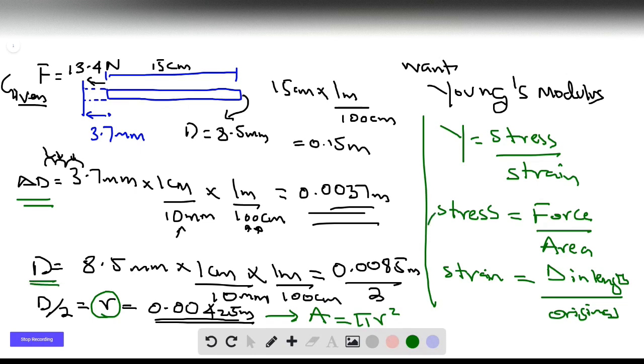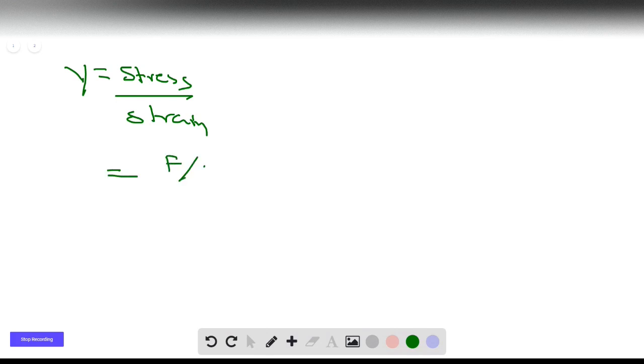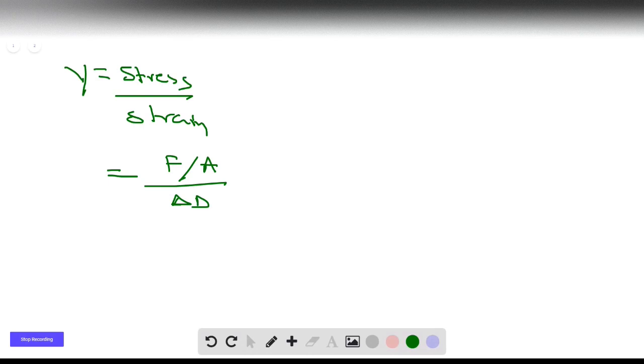So given these two pieces of information, we can combine them in the formula and end up solving for the Young's modulus. So we have stress over strain, and we define stress as the force over the area, F over A, and then strain is delta D over, not delta D though.